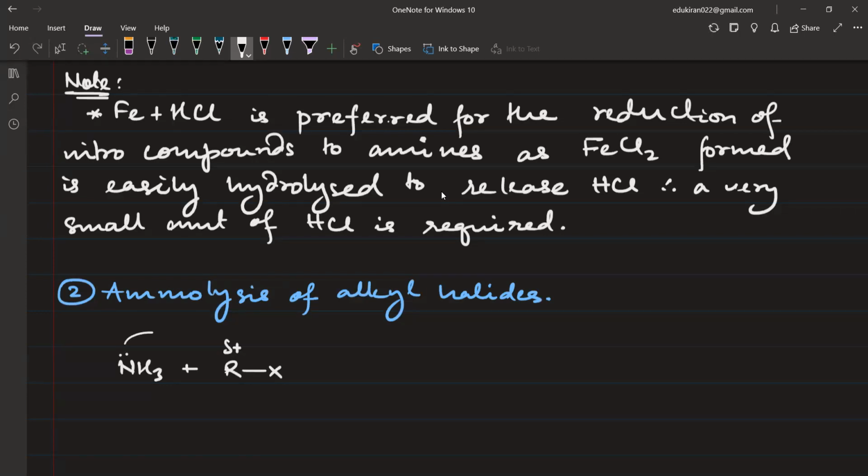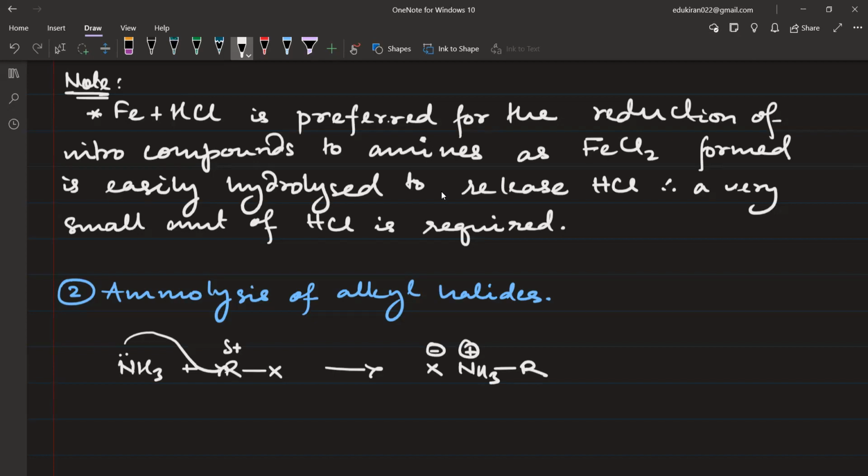The nitrogen has a lone pair of electrons, and it can attack the R group here. It is going to form NH3 bonded to R with a positive charge and X negative.